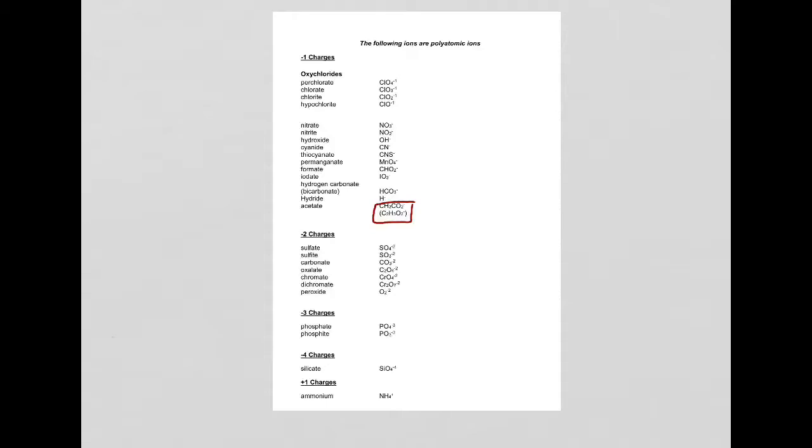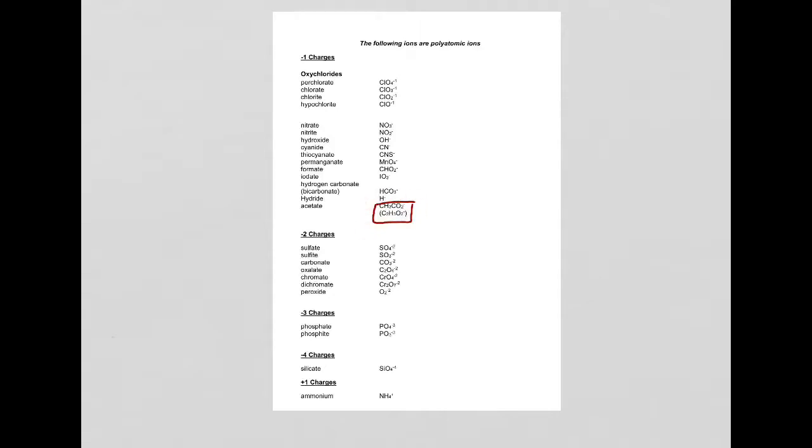They're basically the same thing. Here the 2 carbons are separated, but you end up with the same exact formula. It doesn't matter which one you use, and you should know that either one is acetate. There's 2 carbon, 3 hydrogen, 2 oxygen. It's just a different way of people writing it.